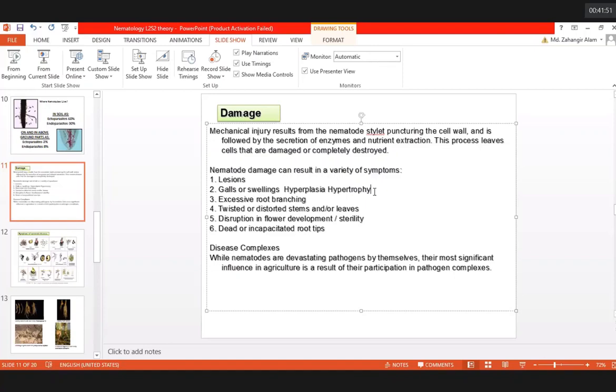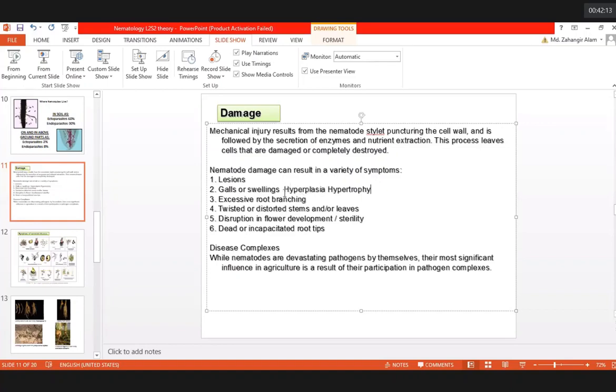Why will there be swelling of tissues? Why will there be tumor formation in the root, for example? Why will there be gall or knot formation in the root? Because of two phenomena. Number one is hyperplasia, and number two is hypertrophy. Hyperplasia means cell division will be uncontrolled.